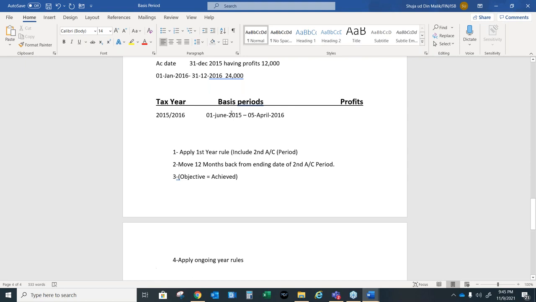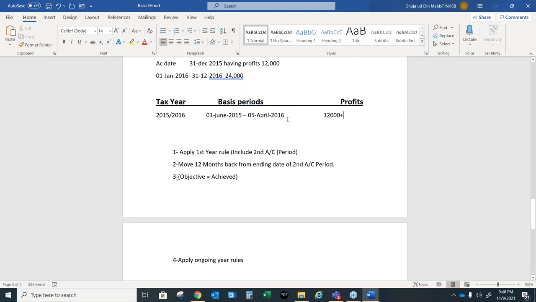we have borrowed some months of the second accounting period. You have seen that the first accounting period ended on 31st December 2015. So all the profits till 31st December 2015, that is 12,000, will be featuring here. Plus, there are some months of the second accounting period. The second accounting period starts at 1st January, and we have prepared this basis period till 5th April.